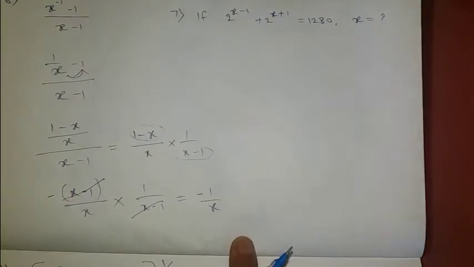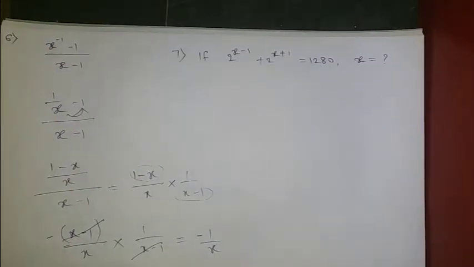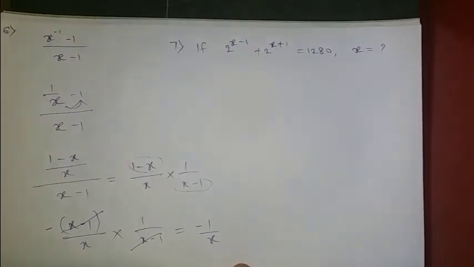Okay, let's look at the next question. If 2 power (x minus 1) plus 2 power (x plus 1) is equal to 1280, then what is the x value?